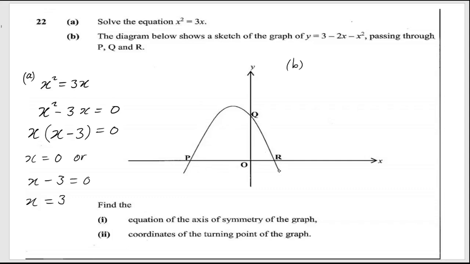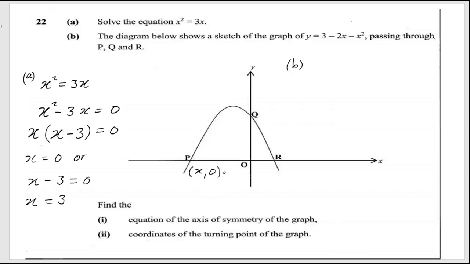P and R are on the x-axis, meaning since they are on the x-axis, the y-coordinate is 0. Q is on the y-axis, meaning the x-coordinate is 0. What I mean is, the coordinates of P are going to be x, 0.